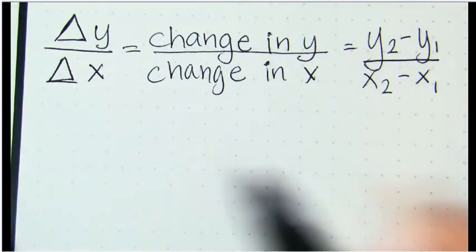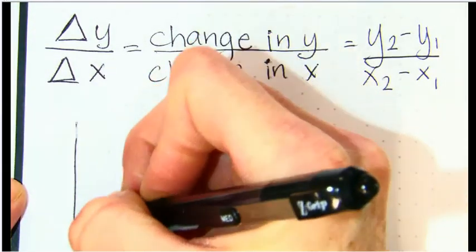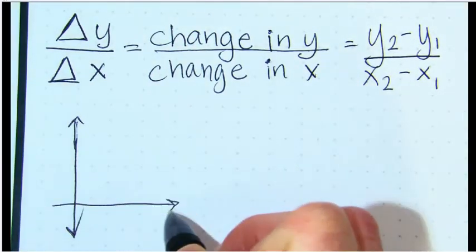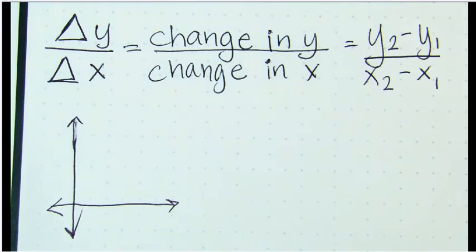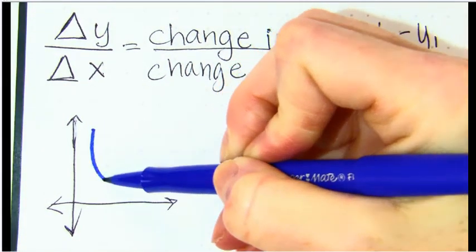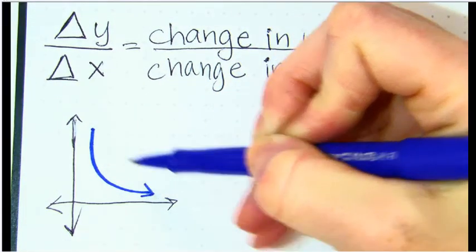It's not going to be perfect, but just draw kind of a rough coordinate plane, just for time purposes. And we're going to draw a curve. Again, it doesn't have to be perfect. It doesn't have to look exactly like mine.